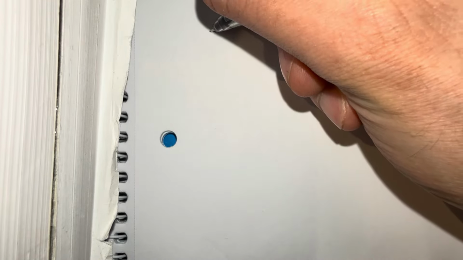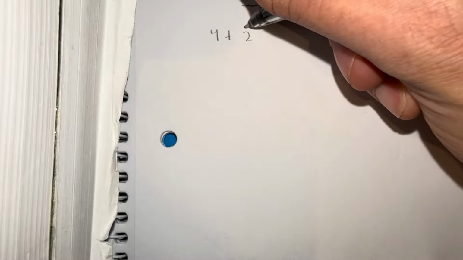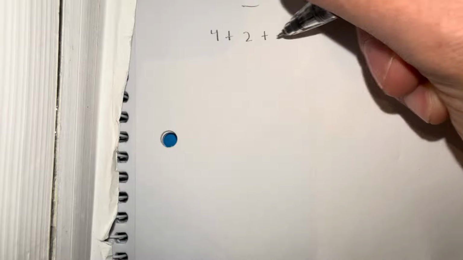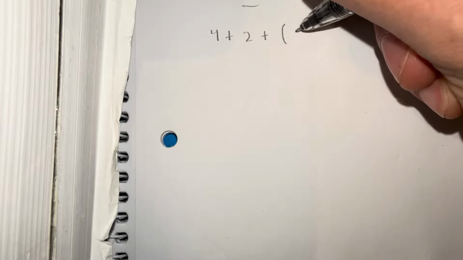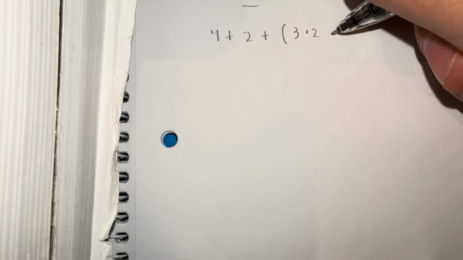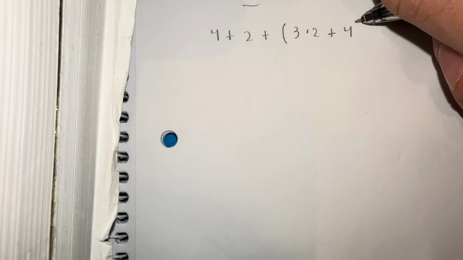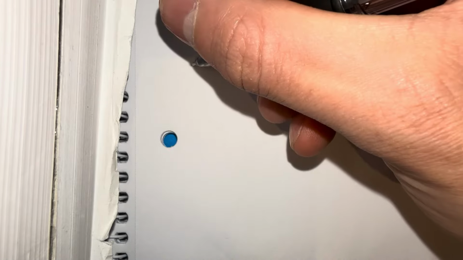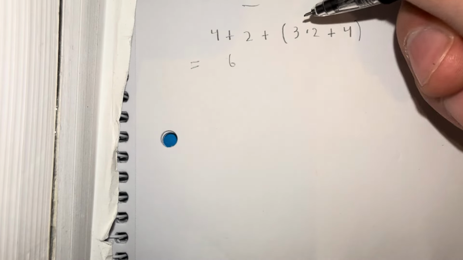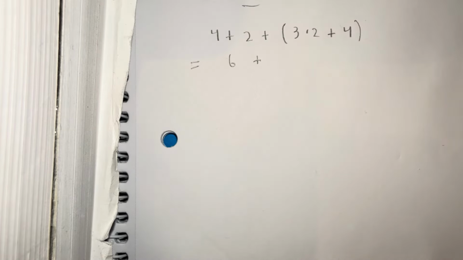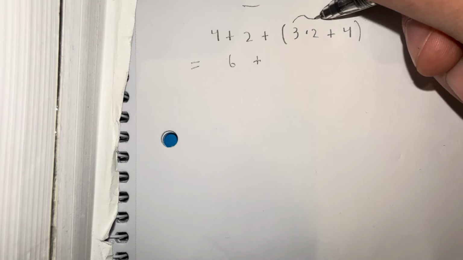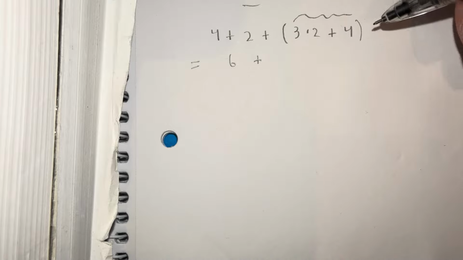This applies equally inside a parentheses. Let's see. 4 plus 2, plus, and then a parentheses, 3 times 2 plus 4, like this. 4 plus 2, let's do that first, that's 6. Plus, inside here, the rules are exactly the same as everywhere else.